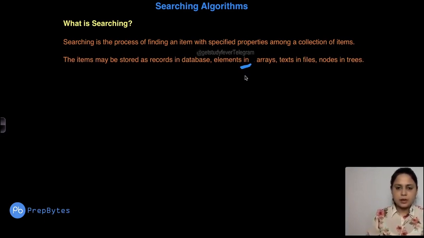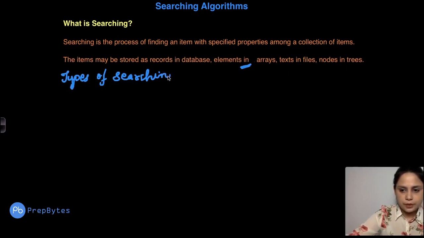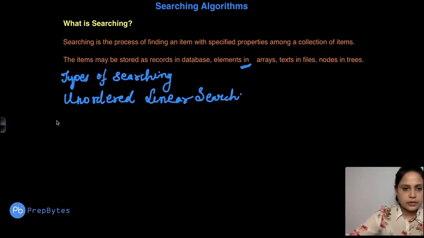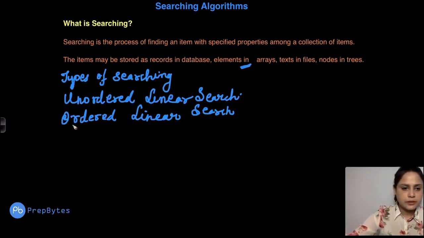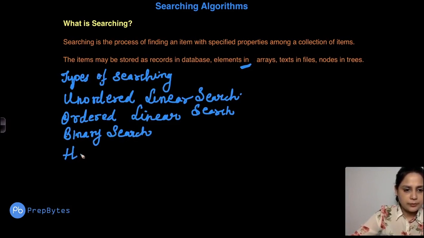Now let's see what the different kinds of searching algorithms are. We have types of searching. We have unordered linear search, then ordered linear search, then binary search. Then we have hashing.